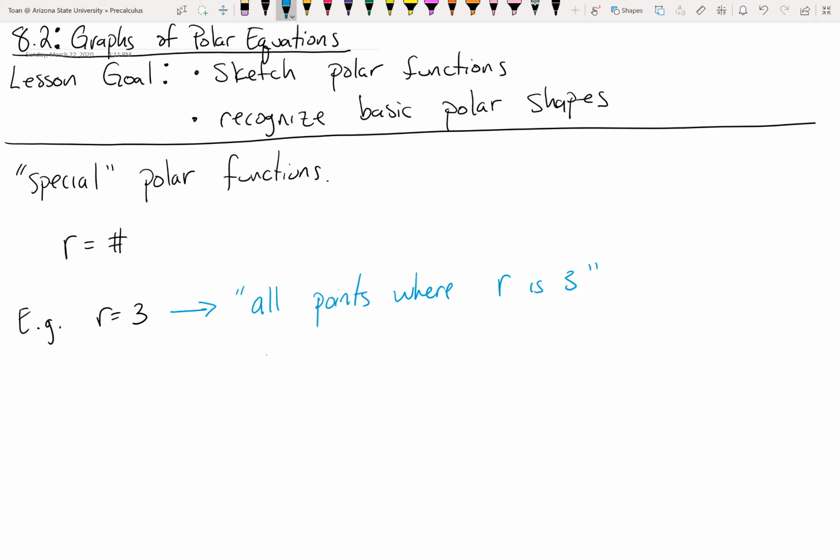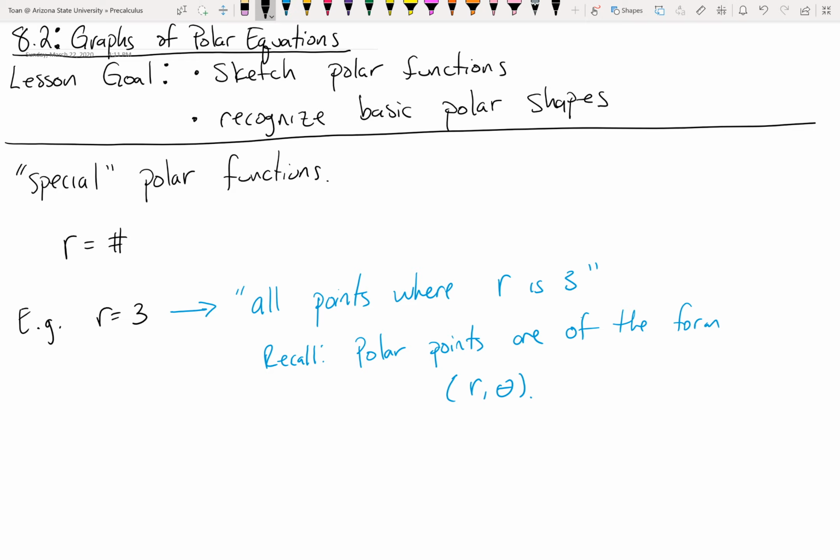Now recall that all polar points are of the form r comma theta. The equation r equals 3 puts a restriction on r, but it doesn't say anything about theta. It leaves theta open.